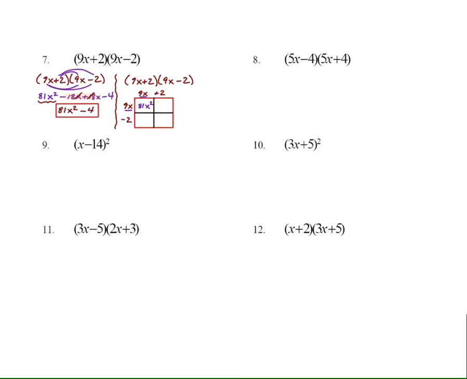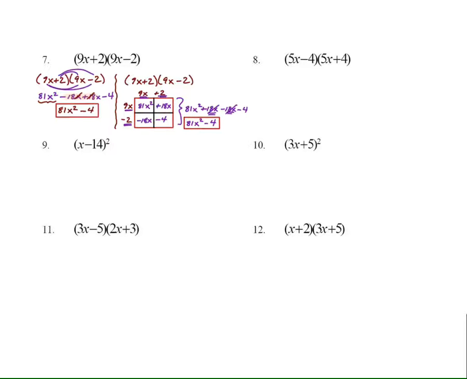Then 9x times positive 2 is positive 18x. Negative 2 times 9x is negative 18x, and negative 2 times 2 is negative 4. What I like to do is take those 4 terms and write them in line with each other. You'll notice those are the same 4 terms as we got previously. Combine the like terms the same way, and you should still end up with 81x squared minus 4.